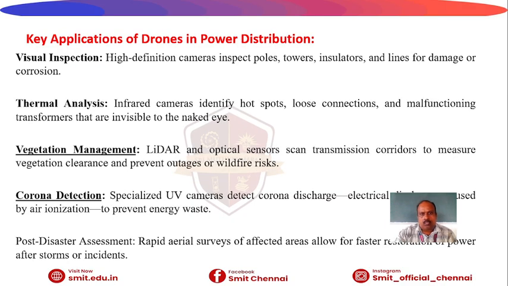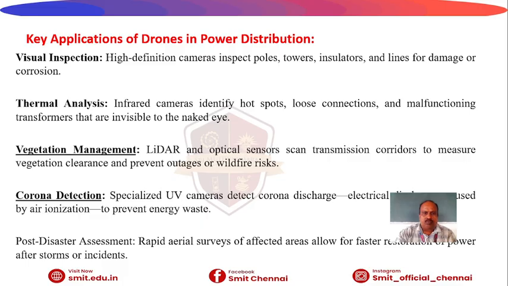Continuing with power distribution: how visual inspection and thermal analysis are done, plus vegetation management and corona detection. Here, in visual inspection, high definition cameras inspect poles, towers and insulator lines for damage or corrosion.